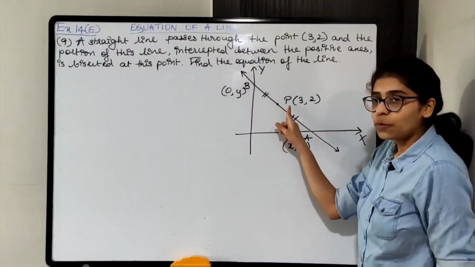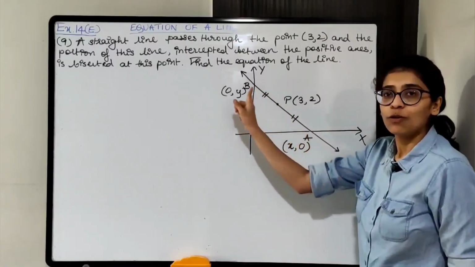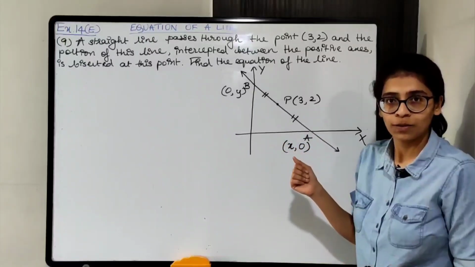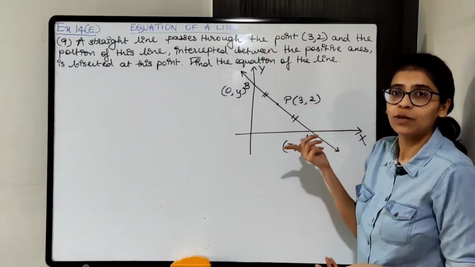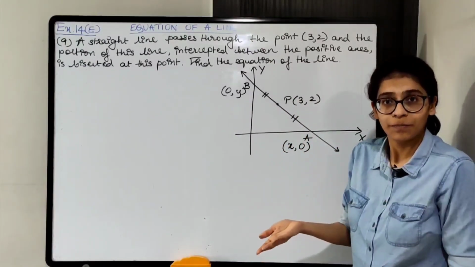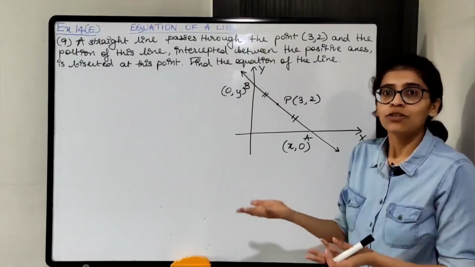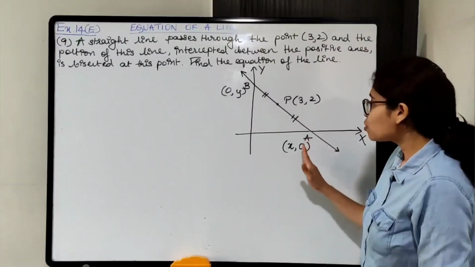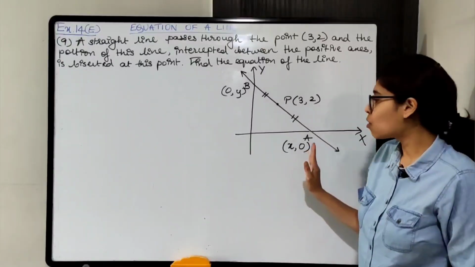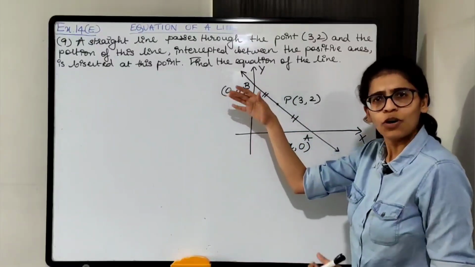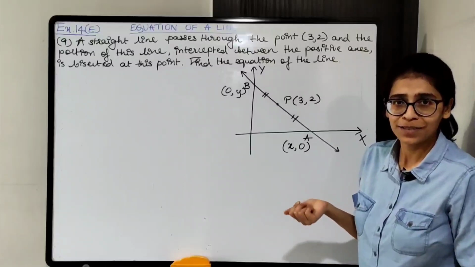So for the equation, I need the slope of the line. I have the coordinates of one point, I need one more point, right? Without that I cannot find the slope. So for the slope I need the coordinates of A or B, or you can find both over here.